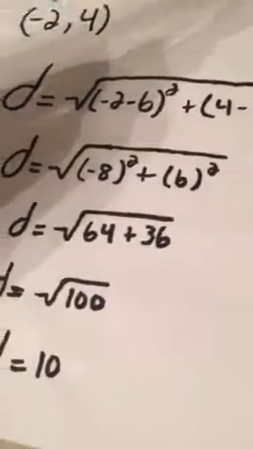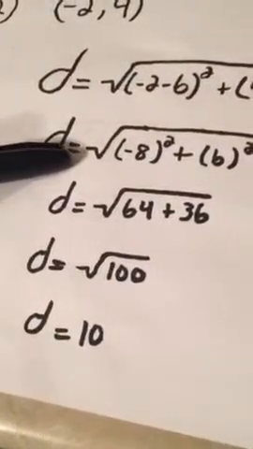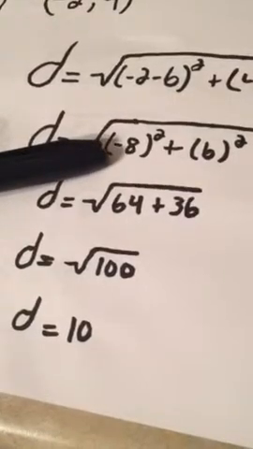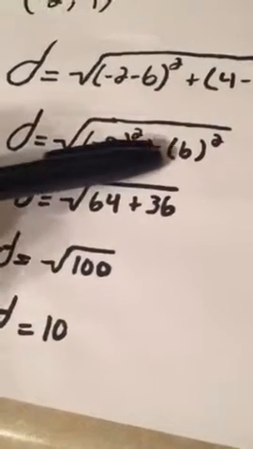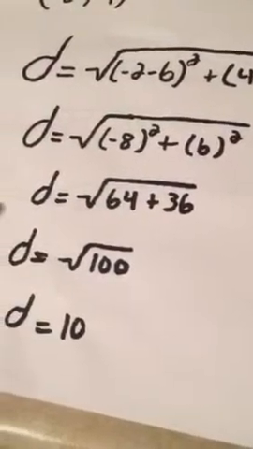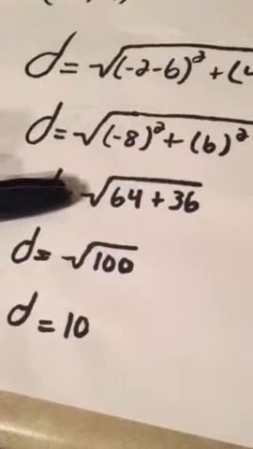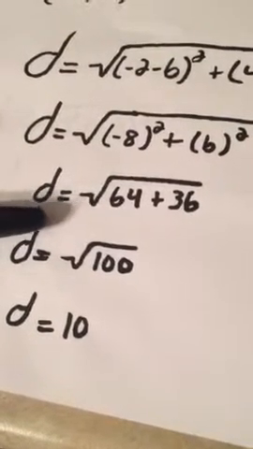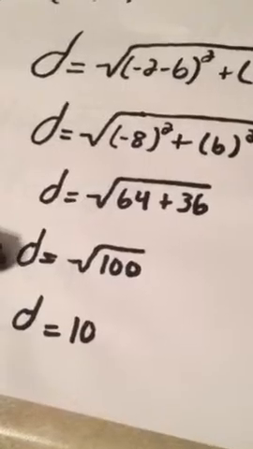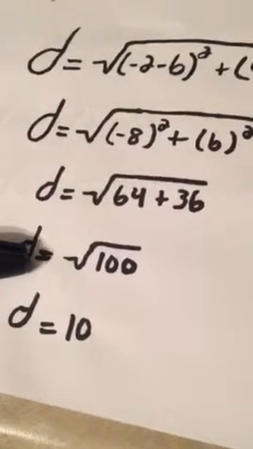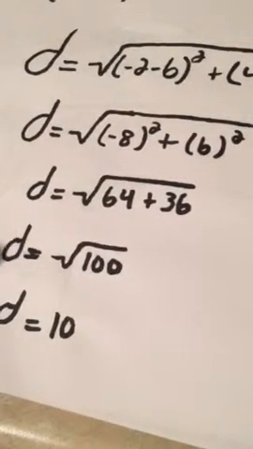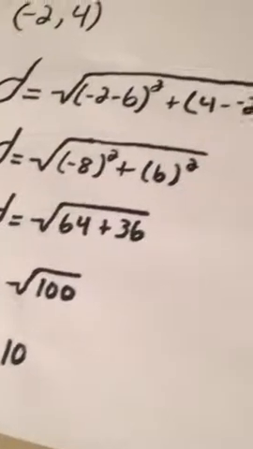If you simplify that, d equals the square root of negative 8 squared plus 6 squared. Simplify again, d equals the square root of 64 plus 36. That will give you the square root of 100. The square root of 100 gives you a distance of 10.